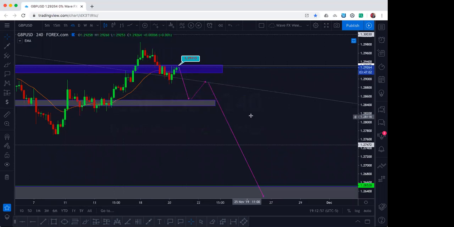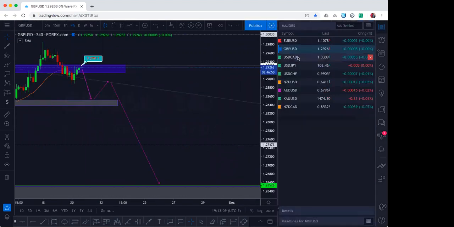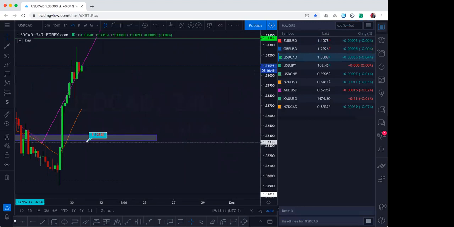But we should be good to the downside out of Pound USD, right? So the overall movement is bearish again for Pound USD. All in all, we're expecting strength out of the dollar.